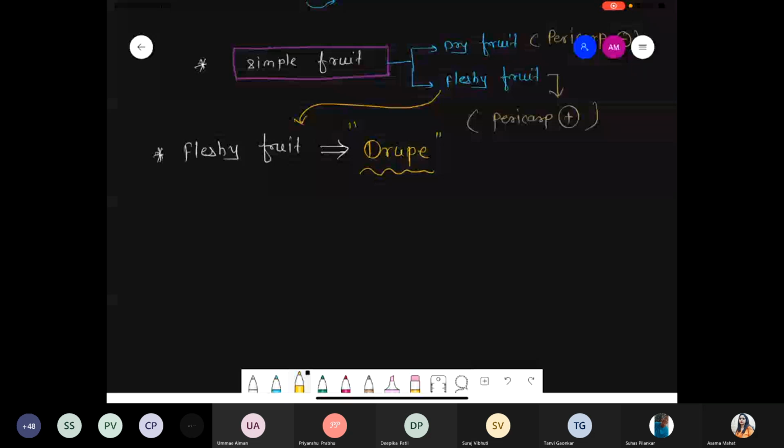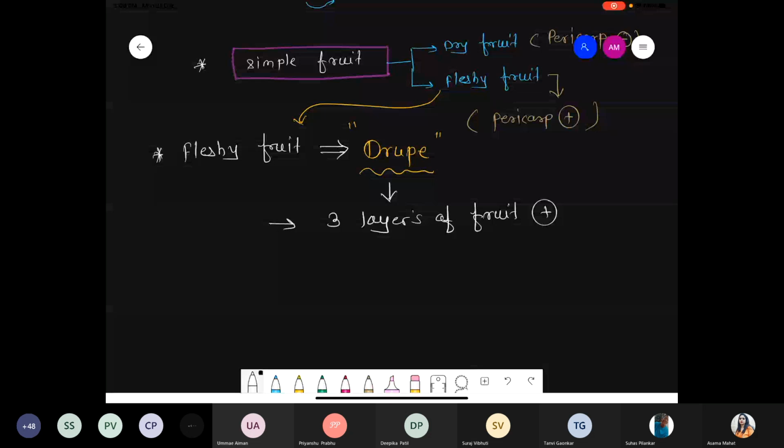In case of the drupe, what does it mean? First of all, 3 layers are present. 3 layers of fruit, that is epi, meso, and the endocarp, are present. First point. That time you can say that is a fleshy fruit which comes under the drupe category. And another very important point: whatever the endocarp is, endocarp means what?